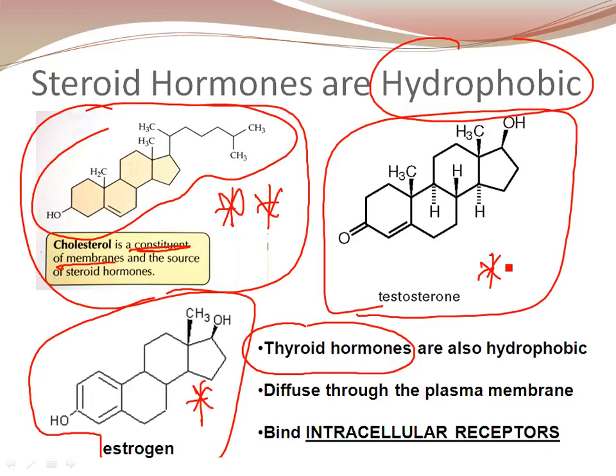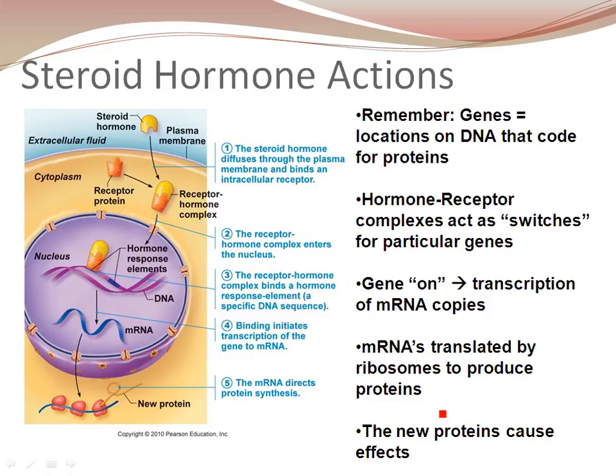And that response requires that a second messenger, a second chemical messenger, be triggered on the inside of the cell. This doesn't happen with steroid type hormones or your thyroid hormones, because they're able to diffuse across the cell membrane, and so their receptors are actually not at the surface of the cell, they're actually inside the cell. And those are called intracellular receptors.